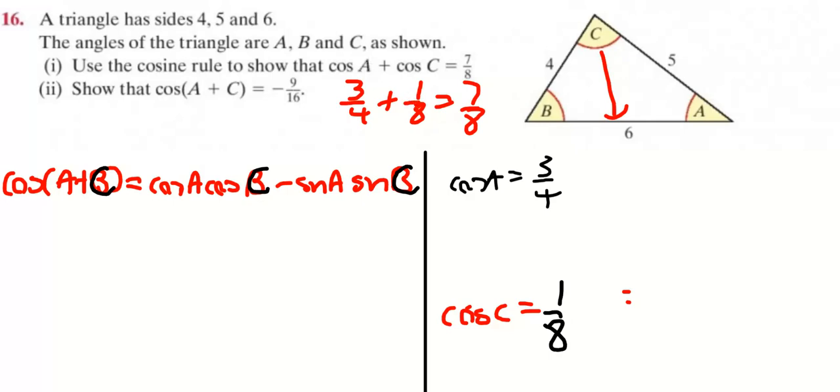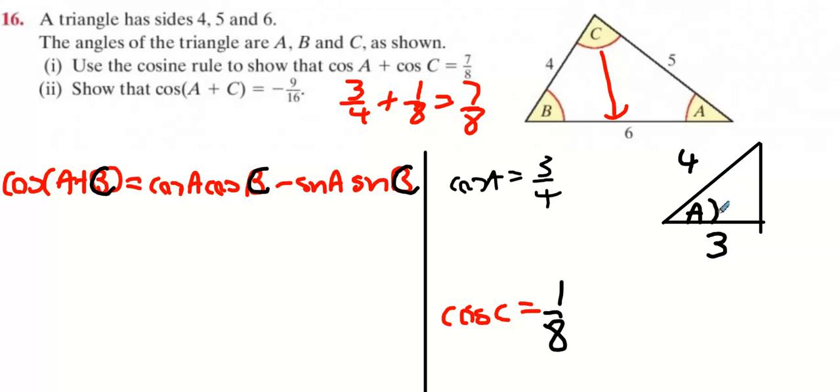Okay, let's draw a right angle triangle for A. Well, who's the hypotenuse? Which one? The 3 or the 4? It's the 4. The adjacent is 3. Do Pythagoras' theorem.